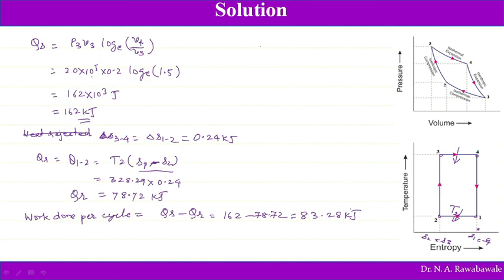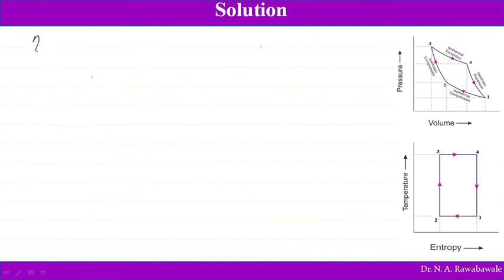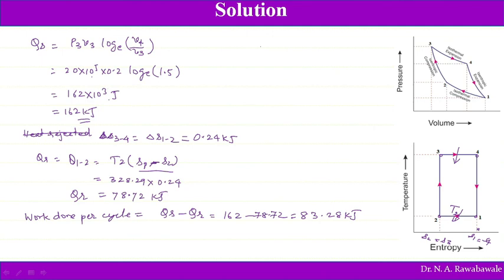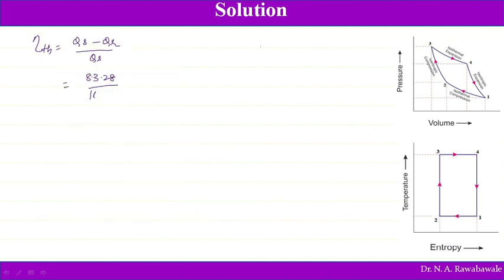So once we know work done, we can find out efficiency. The thermal efficiency of the Carnot cycle is QS minus QR divided by QS. QS minus QR we have calculated as 83.28 divided by heat supplied, 162 kilojoules, into 100. So this gives us the efficiency of this cycle as 51.4%.